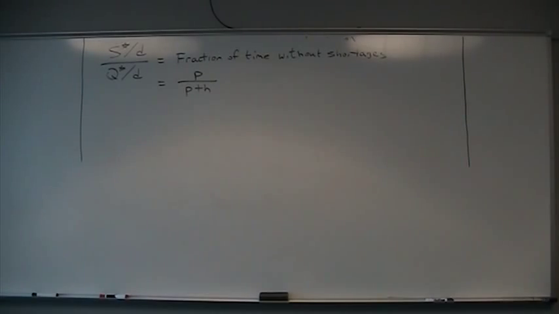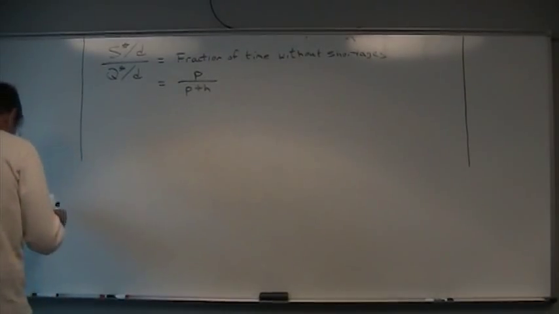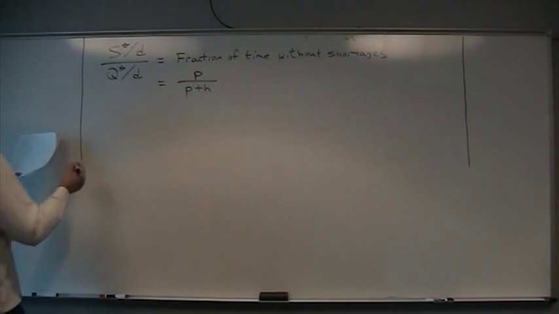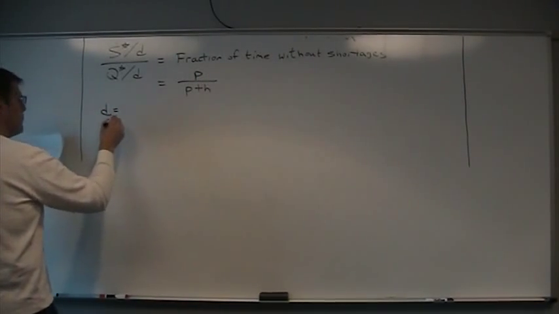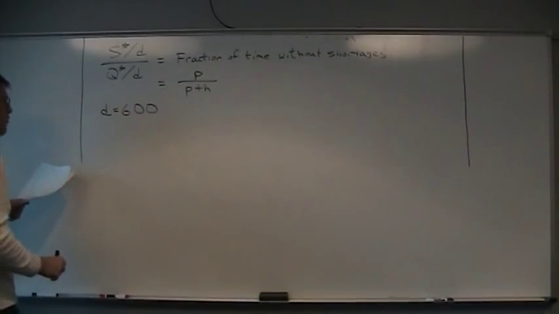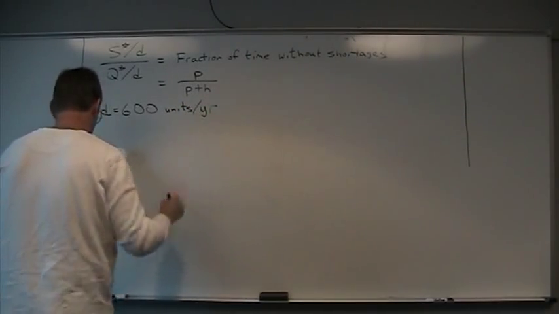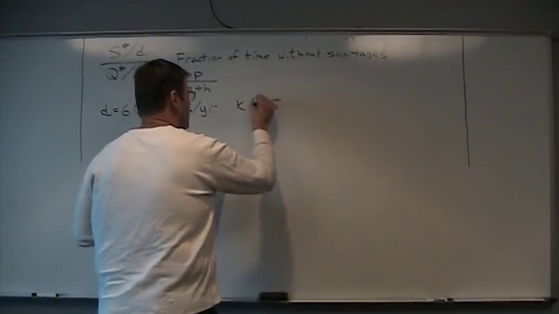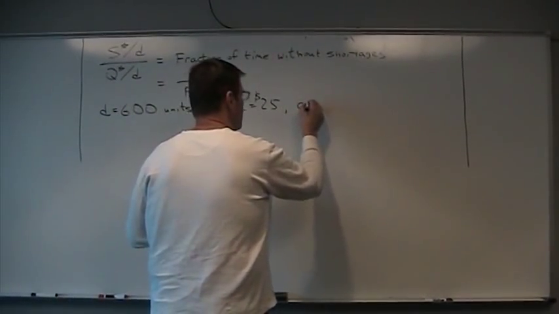So, if we go back to the problem we were working on last time, actually I think these numbers are different than the ones I had in the last class, but the demand that I've got here is 600 units per year. K is $25, our setup is $25. Our unit cost is $3.